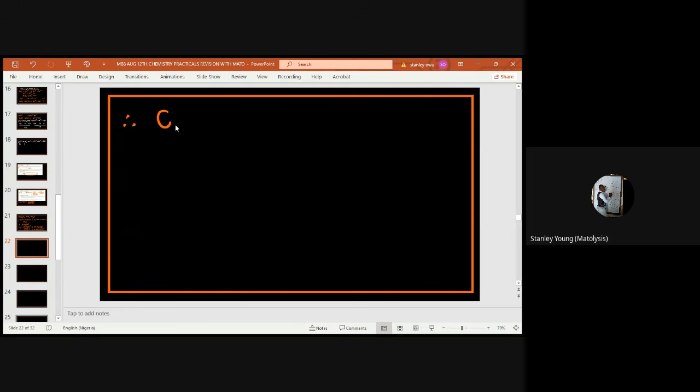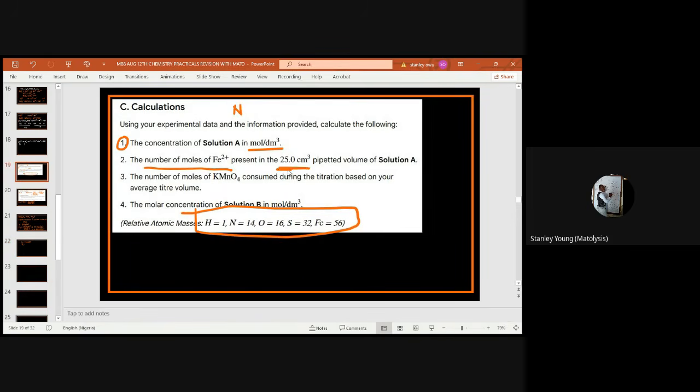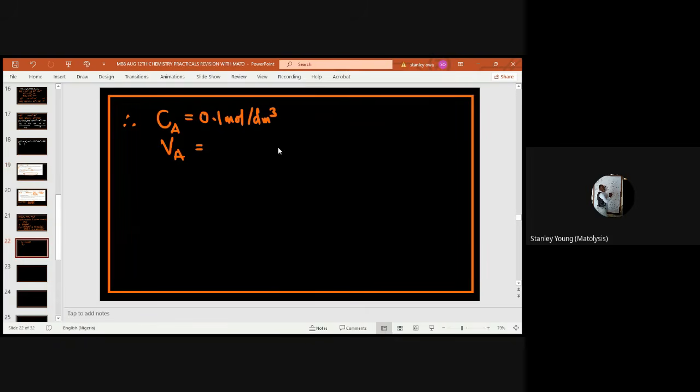So CA itself is 0.1 mole per dm cube. Volume of A that was supplied in this particular question is 25 cm cube. That was the volume of the pipette, remember? So 25 cm cube, convert that to dm cube by dividing by 1000.